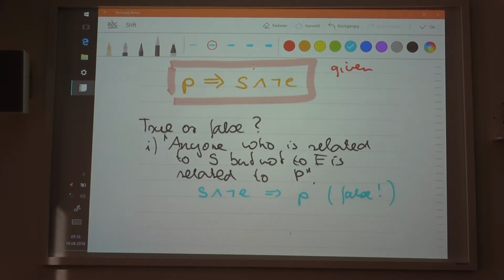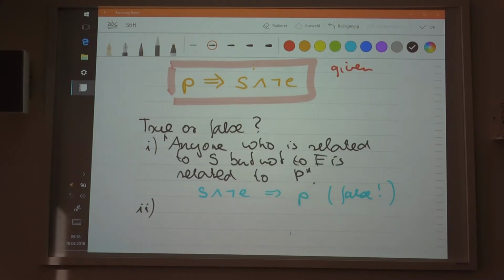Because that statement here does not imply P. It's only necessary but not sufficient, guys. Now the next statement here, you're supposed to examine: anyone who is related to Simon but not to Emily is not related to Paula.